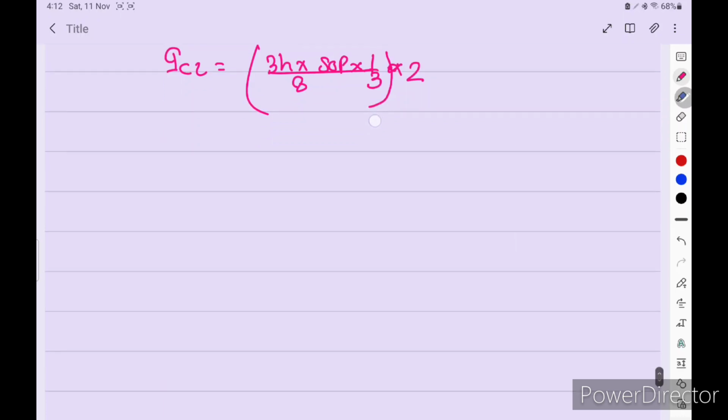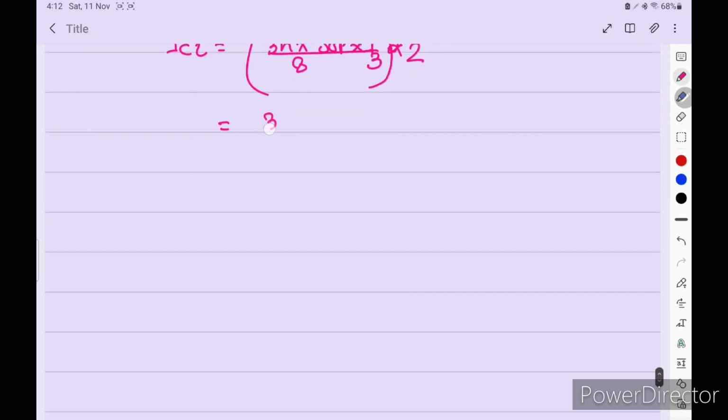Okay, so I center line is equal to 3h into SOP divided by 8 into 1 by 3 into 2. So 3 into 20 into 25883.86 into 1 by 8 into 2.